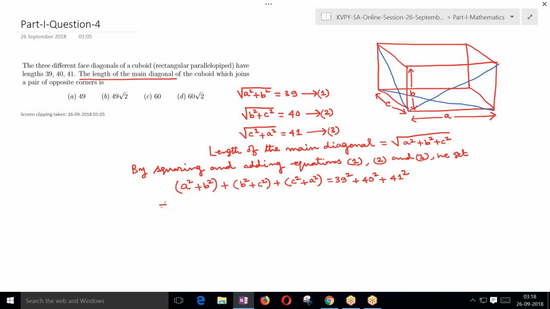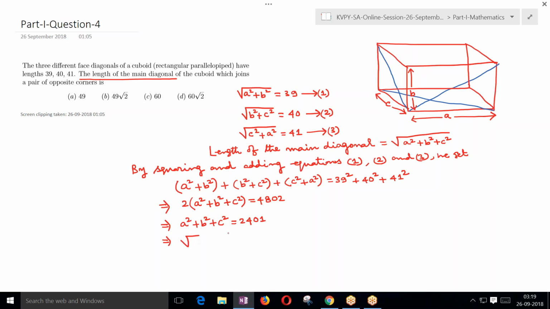So if we simplify, this implies 2 into a square plus b square plus c square is equal to 4802. This implies a square plus b square plus c square is equal to 2401, and from there we get the value.